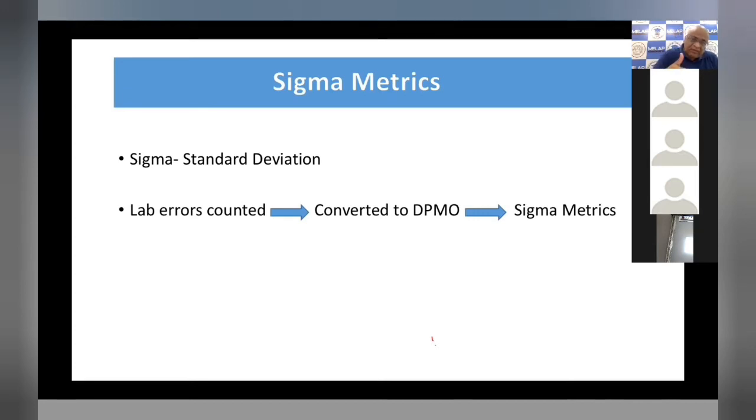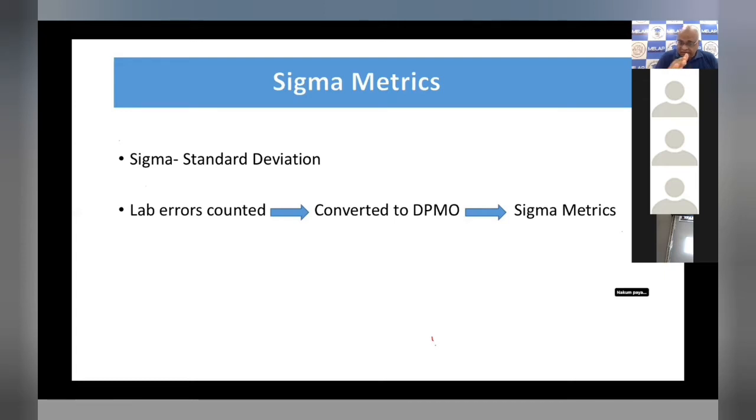This is the term which we use in this sigma matrix. When we convert this into million, 1,000 is converted into million. How? 1,000 is multiplied again by 1,000. And now you multiply 10 by 1,000, it will become 10,000. 10 per 1,000 collected samples means 10,000 per million.